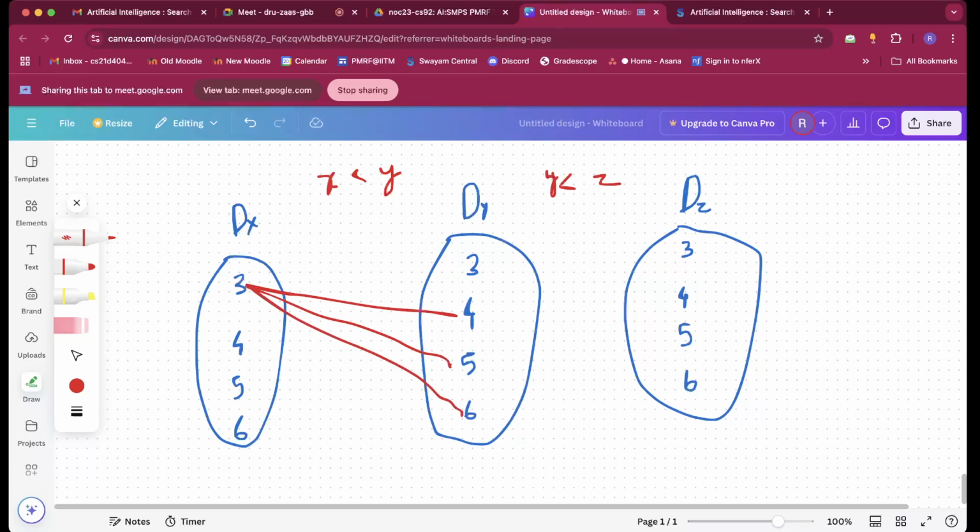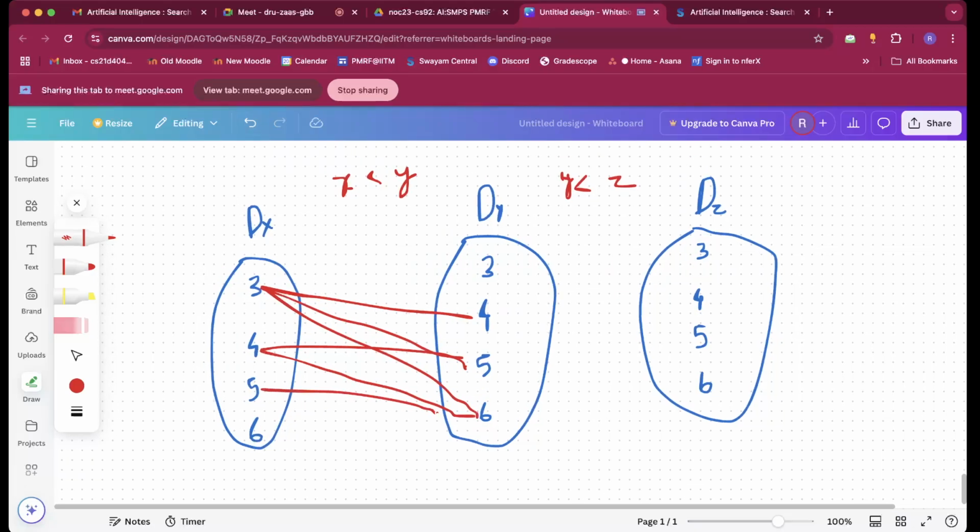Similarly, 4 and 5 will be connected by an edge, 4 and 6 will be connected by an edge, 5 and 6 will be connected by an edge. 6 won't be connected to any element in y, because no assignment satisfies the constraint with x being assigned 6.